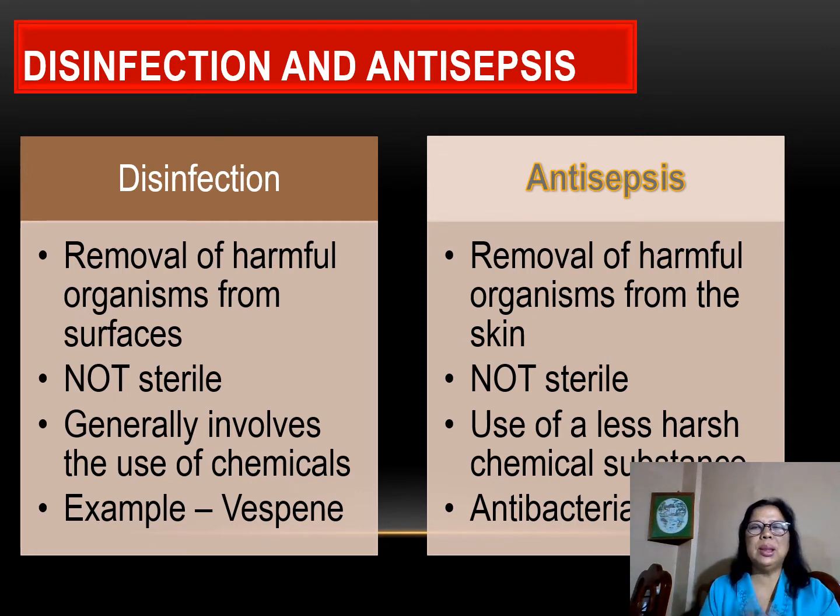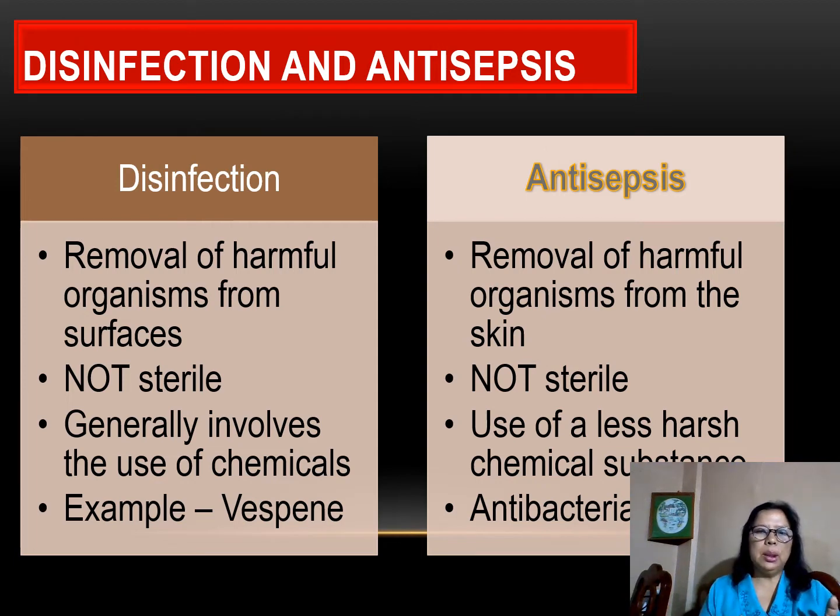Disinfect the glasswares that you are using at home. Disinfect the spoon and fork that are used in restaurants. However, both disinfection and antisepsis do not result in sterile. Their product is both not sterile.